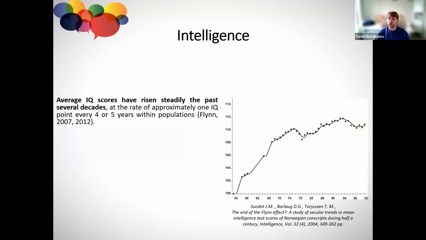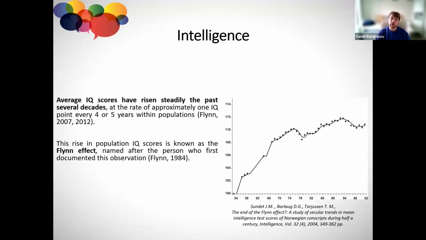You can see that average IQ scores grew from 1954 to approximately 1998, steadily rising, but then starting to decline.